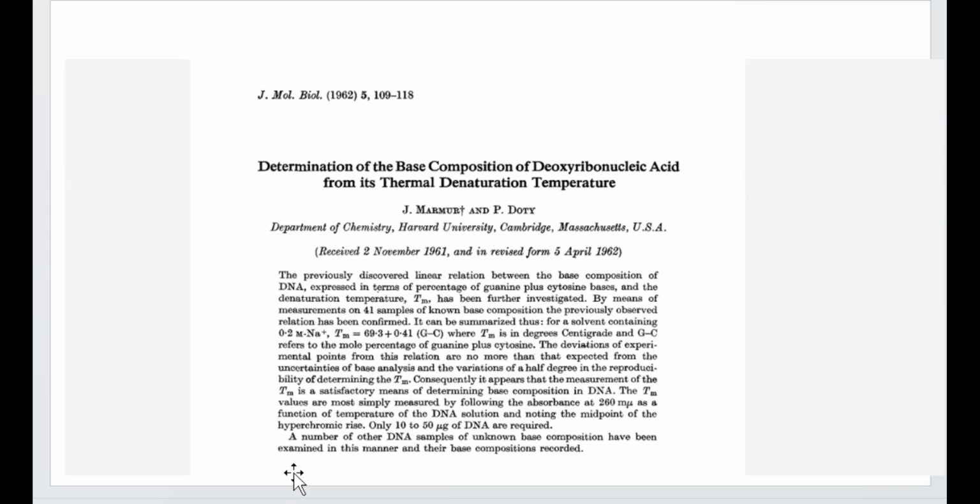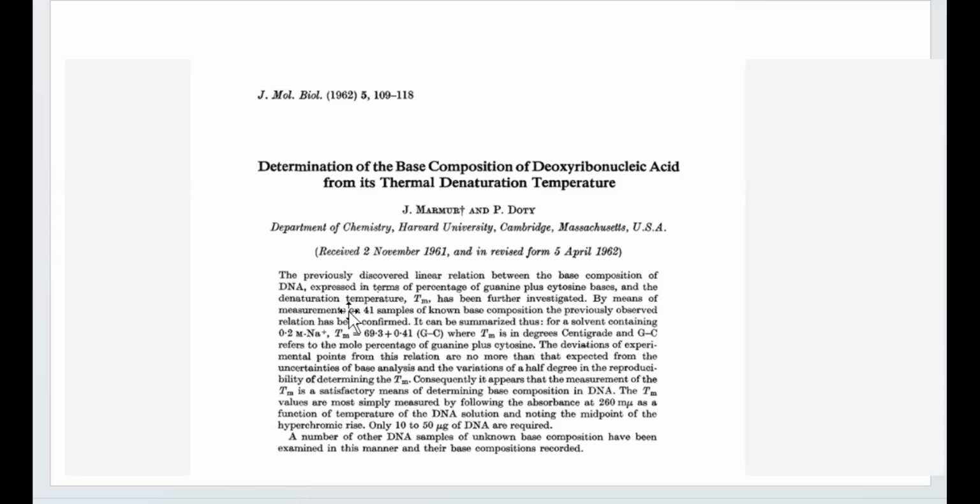But they took more than 30 samples, I think, and for every sample they determined the Tm value, and using that Tm they calculated the GC. While doing this, they used only a spectrophotometric method.